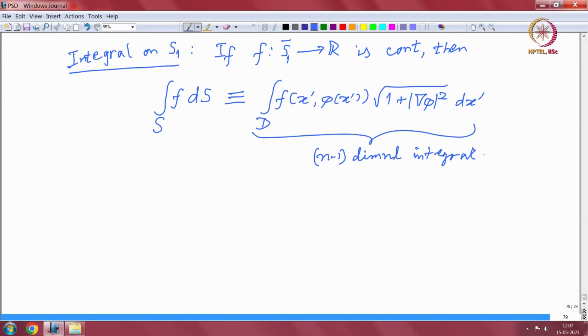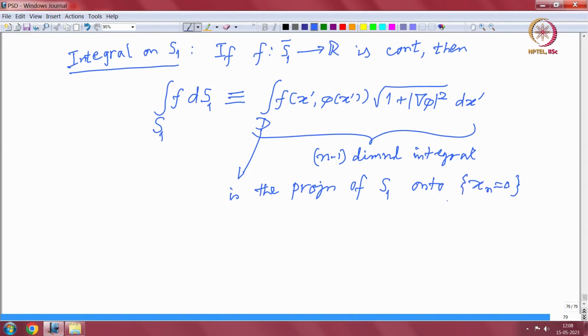And remember, this D is the projection of the simple piece S1 onto this hyperplane xn equal to 0.